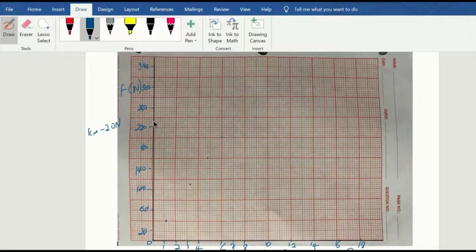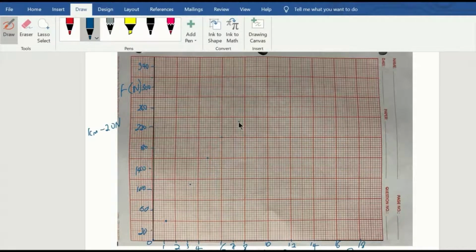So here is 220, 224, 228, plus 4, 252. So 250 falls between this and this. So take it down to 7.2, 7.4. So it falls right here. That is our point right there.